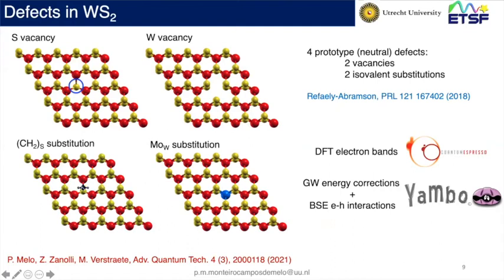In fact, for the CH2 substitution, the formation energy is negative. The W vacancy is the hardest to make. It has a formation energy of around 10 electron volts. And that's the interesting one for quantum applications, yes. However, this is for a neutral system. We might be able to reduce it if we start charging it. Okay, thank you.